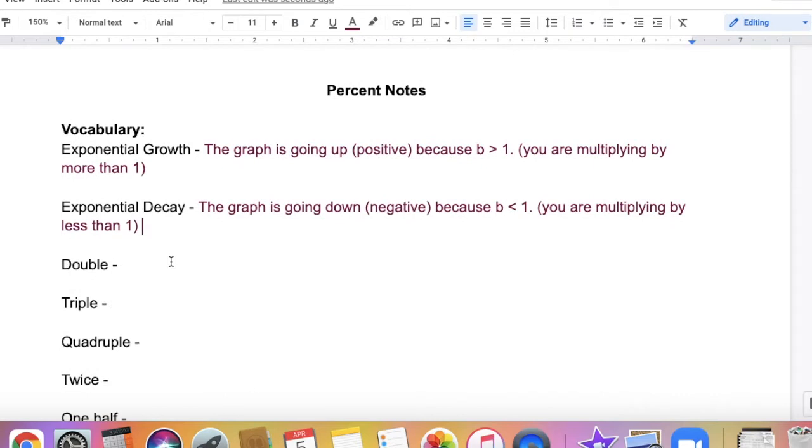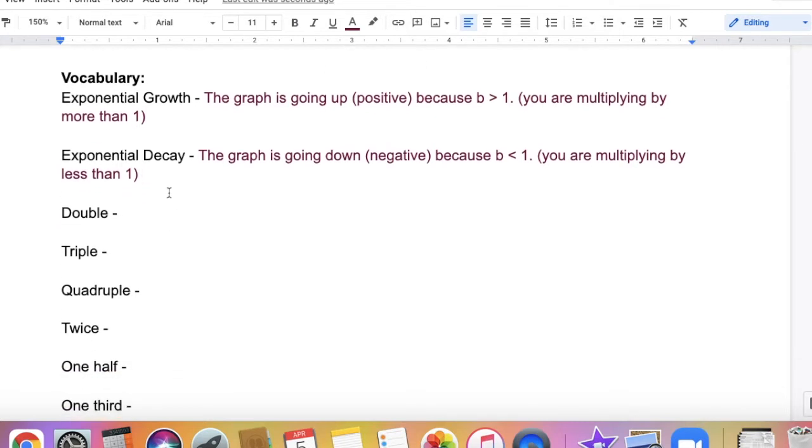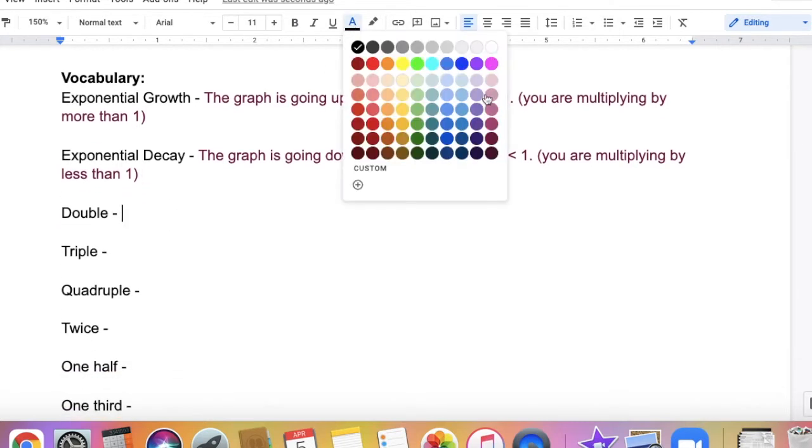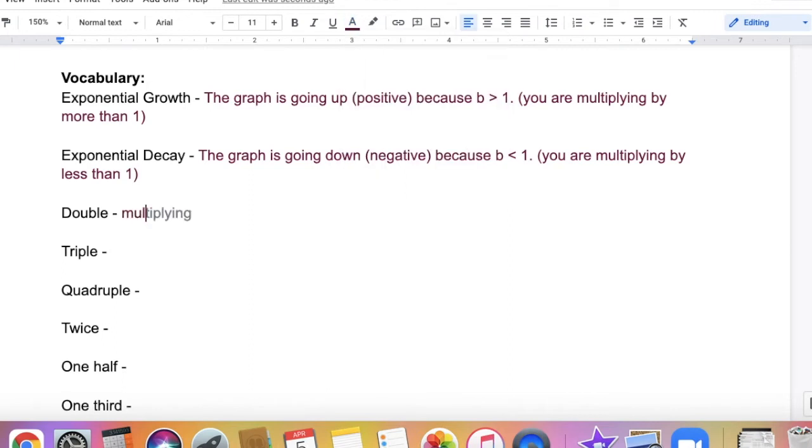So in real world situations, they're going to use words that mean multiply by something. For example, if they say to double it, it means to multiply by 2. Again, whatever you're multiplying by is your b. So b would equal 2 in this case. Versus the word triple, which means multiplying by 3.